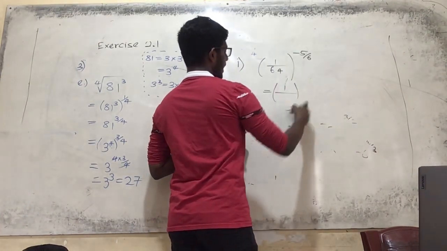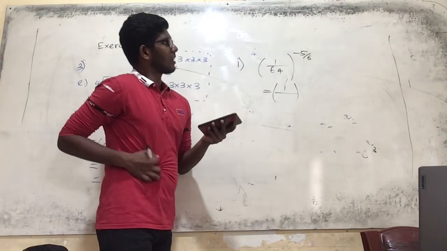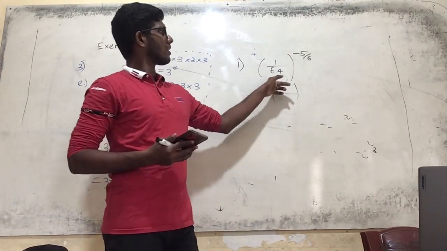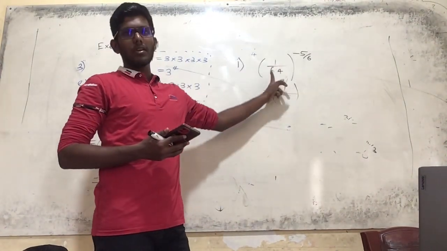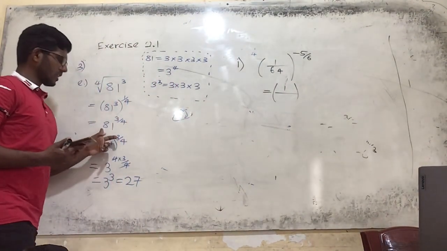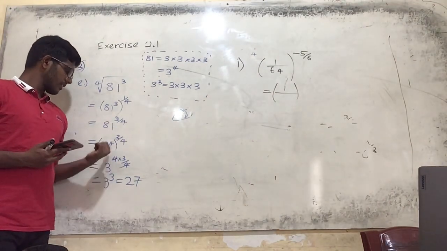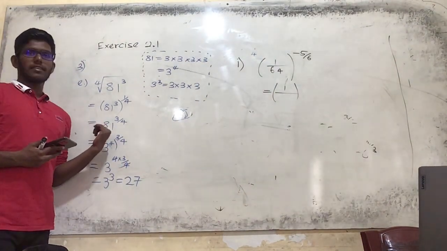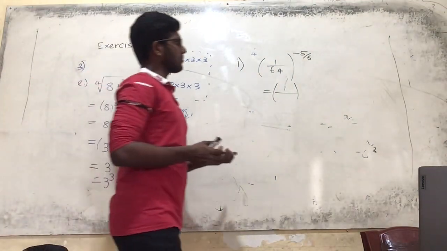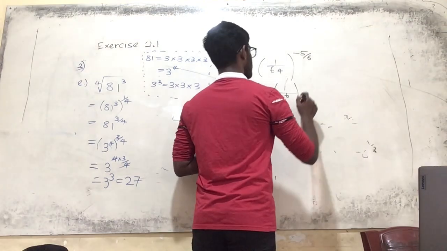Now you have to think which number to the power 6 will you get 64, right? Here you thought of which number to the power 4 will you get 81, right? So you know 64 is what? 2 to the power 6.